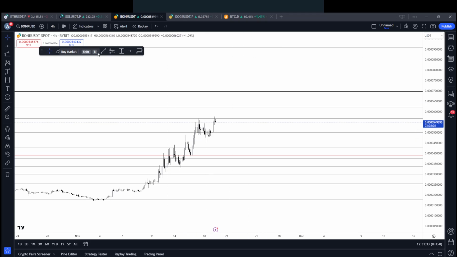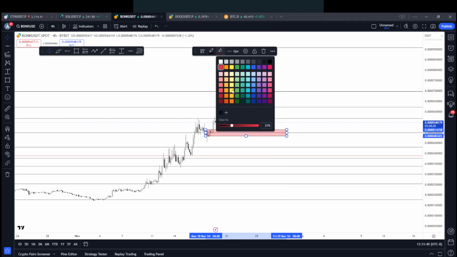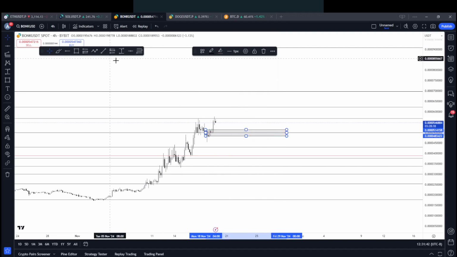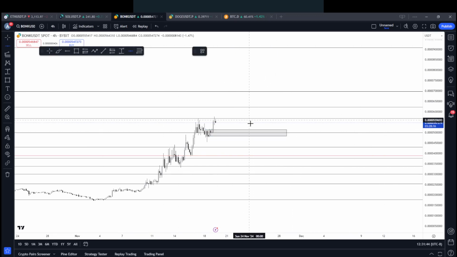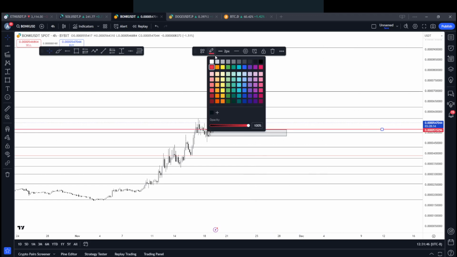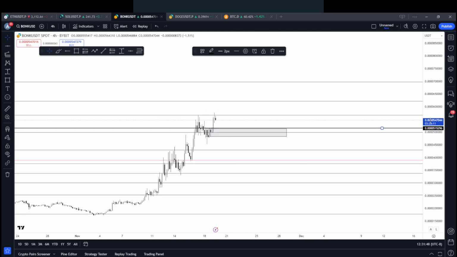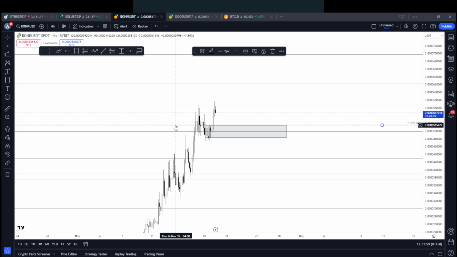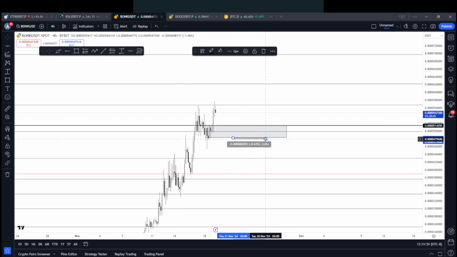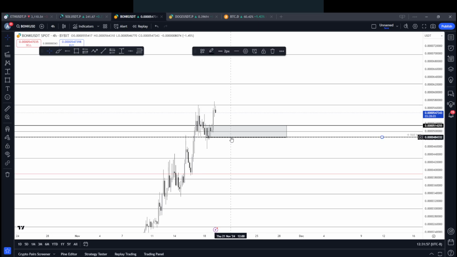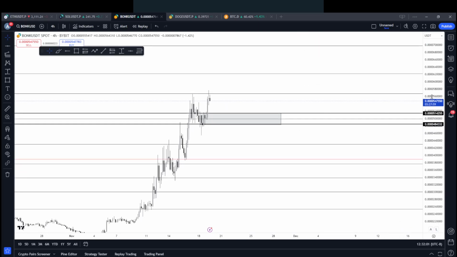Buy zone is going to be here for now, from what is happening today, from 514 down to 484.